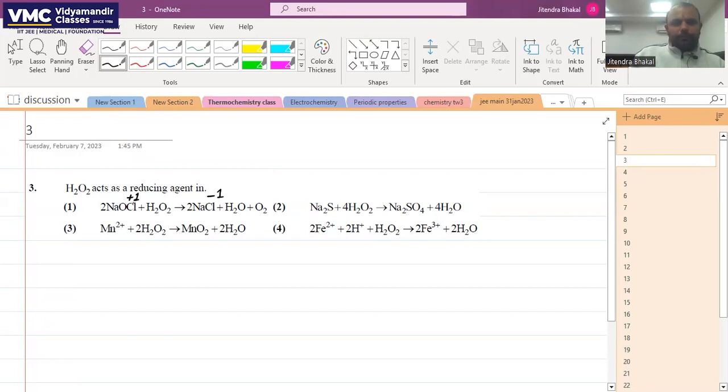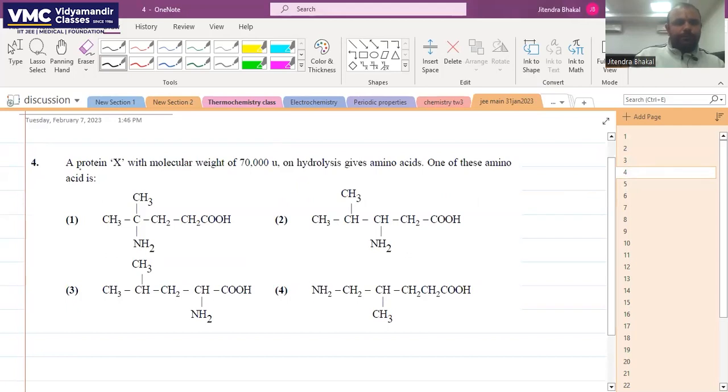So reduction of chlorine is taking place and H2O2 is going to O2. Oxidation of H2O2 is taking place. It means H2O2 is acting as a reducing agent in reaction 1. So this is the answer for question number 3.